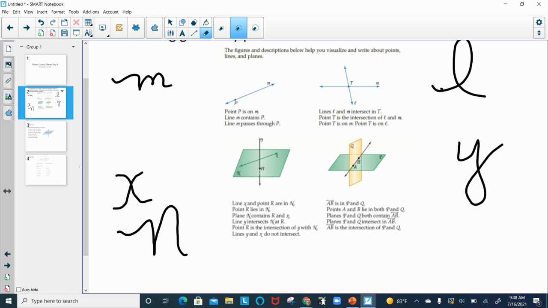Line Y intersects plane N at R. Point R is the intersection, oh, this is interesting, of line Y with plane N. That's kind of complicated. So where that green surface and that line intersect, that's happening at point R. And lines Y and X do not intersect.